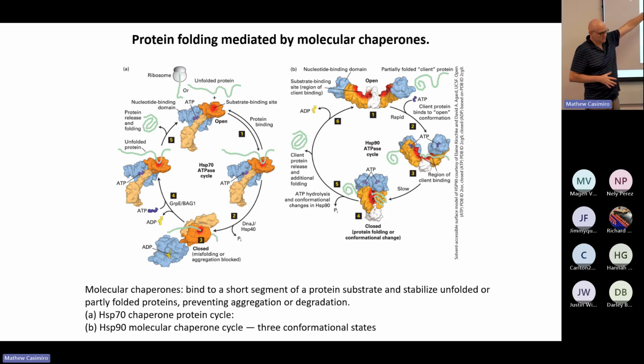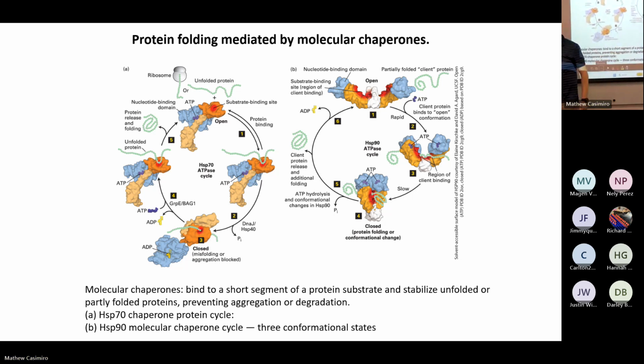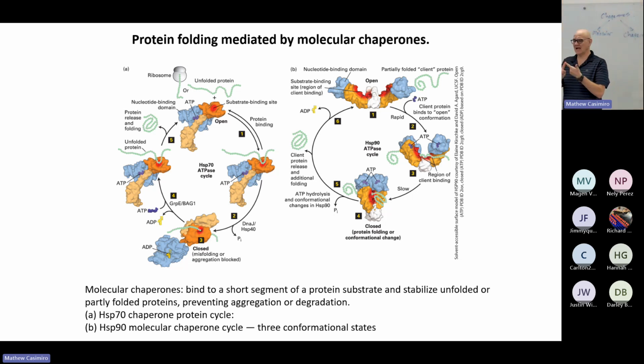The first class, molecular chaperones, HSP70 and HSP90, work coordinately to help proteins fold, to help stabilize proteins, and to reduce aggregation of proteins.